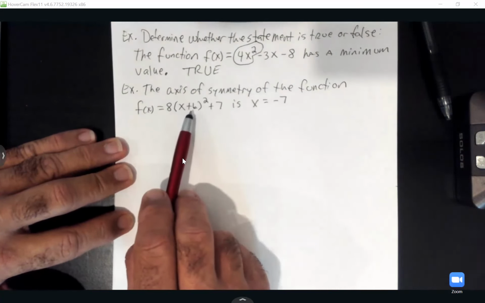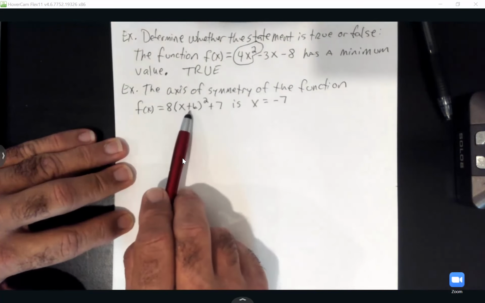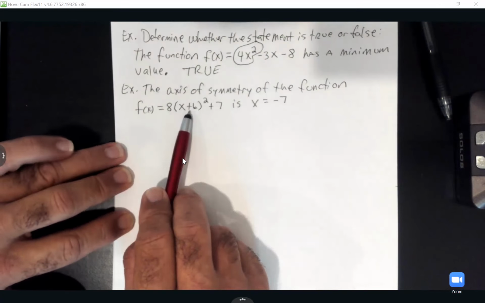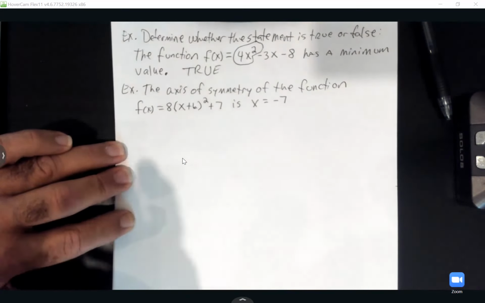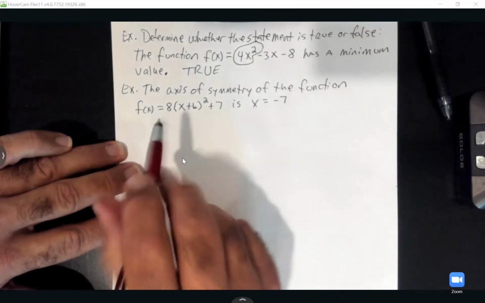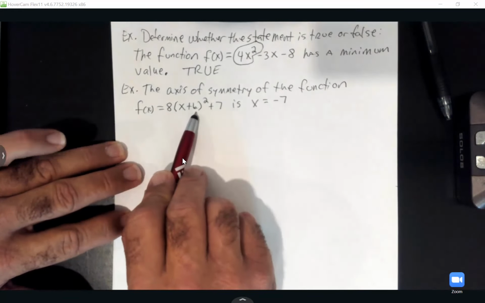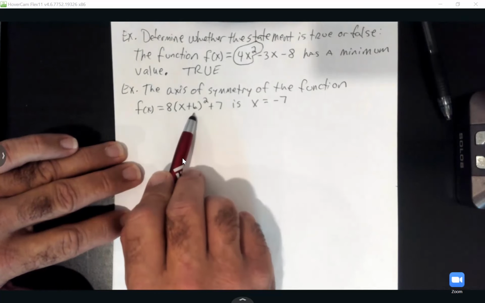And remember, when I add 6 to my x, I'm attacking the x. Remember, that's going to move me left or right. So the question is, how far left is this going to move it?